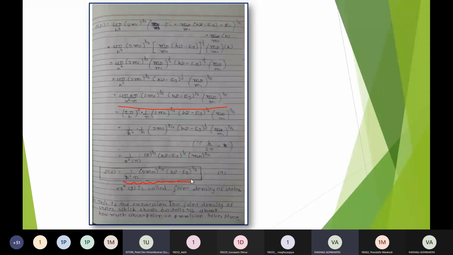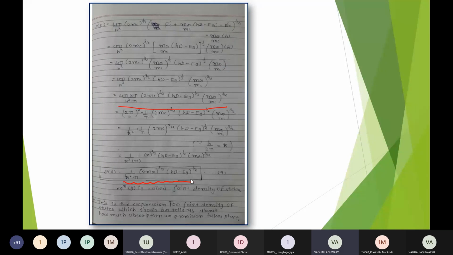So students, can you tell me how many absorption processes or how many emission processes would take place? Would it be given by equation number 9?